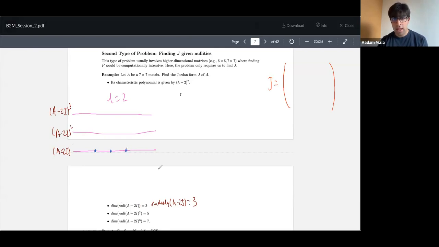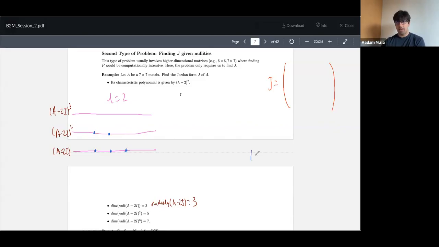Then the nullity of A minus 2I squared, now on the above row, is 5. We're not going to add 5 new ones because then we'd have 8 total. We need to end up with 5 total. We already have 3, so we gain 2 more to make 5. The reason is that any vector in the null space of A minus 2I is already in the null space of A minus 2I squared.